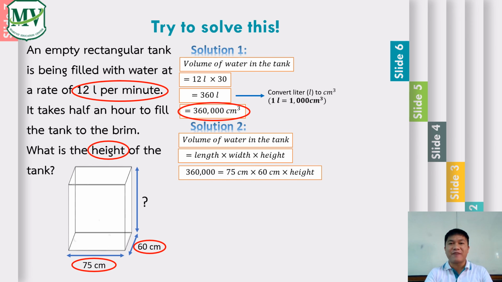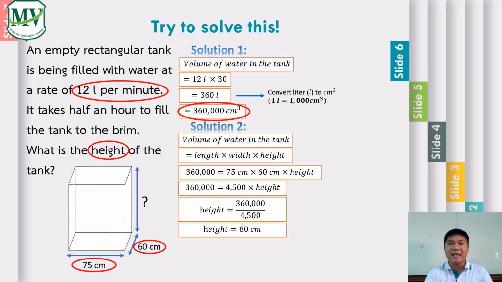Multiply 75 and 60, which is equal to 4,500. Since we are solving for the height, we need to divide 360,000 by 4,500. And the quotient is 80 centimeters, which is the height of the tank.